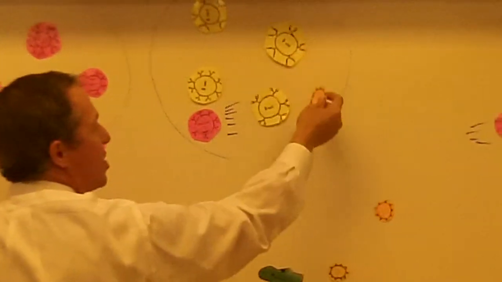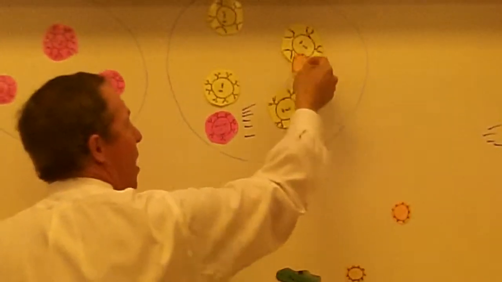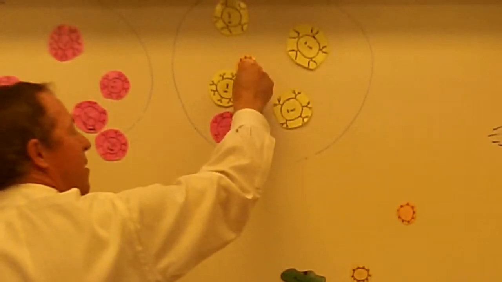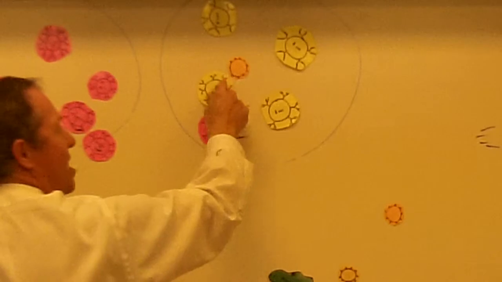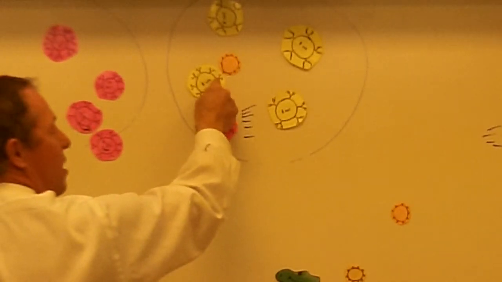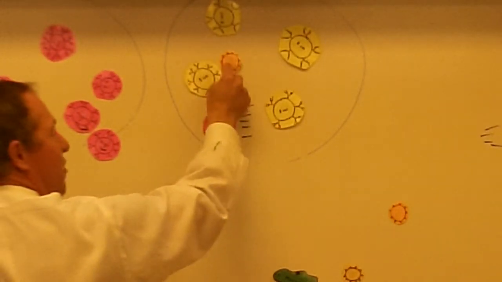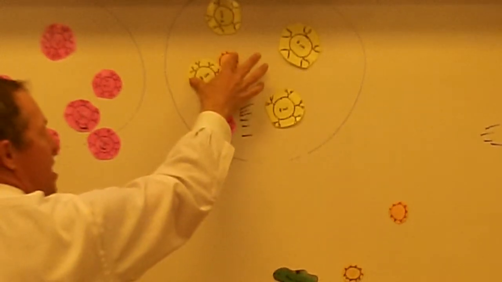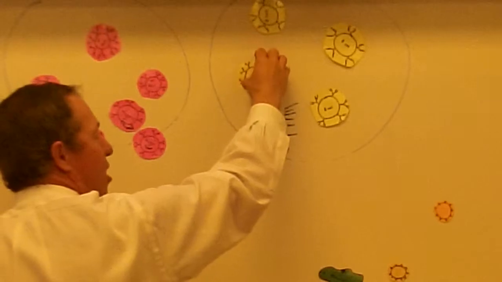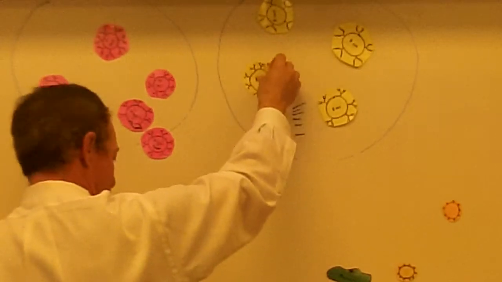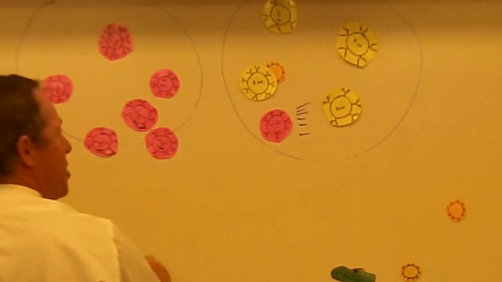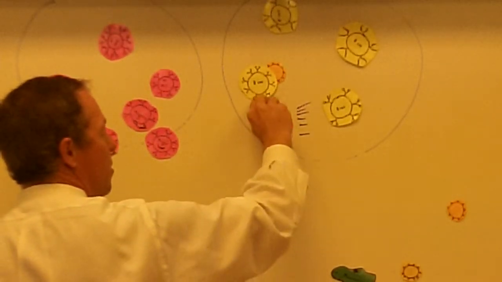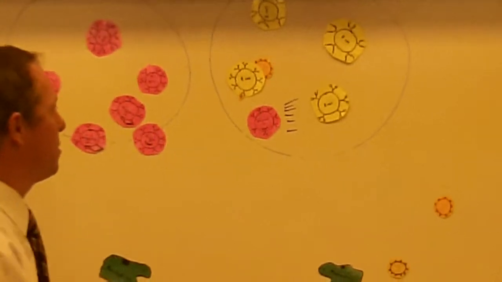Here's the virus bumping into a bunch of B cells, and it eventually will bond with a B cell that has the right receptor. This B cell was made to kill this virus. When it bumps into it, the B cell absorbs and engulfs the virus, and just like the macrophage did, displays an antigen on its surface, which I have trouble doing with my magnets.